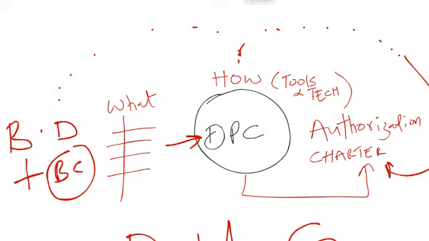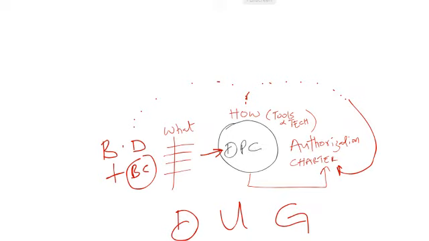Think about that. For every process that exists in the PMBOK guide, if you think about it in this fashion, doing, getting, using, what am I doing, what am I getting, what am I using? You'll be much further ahead.